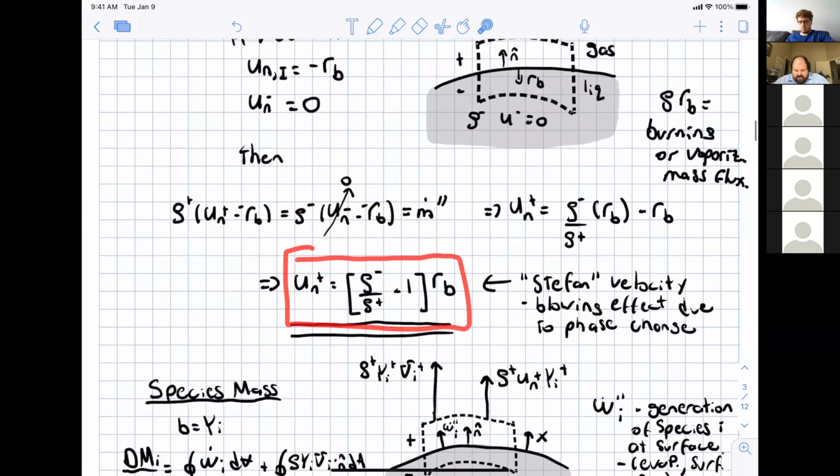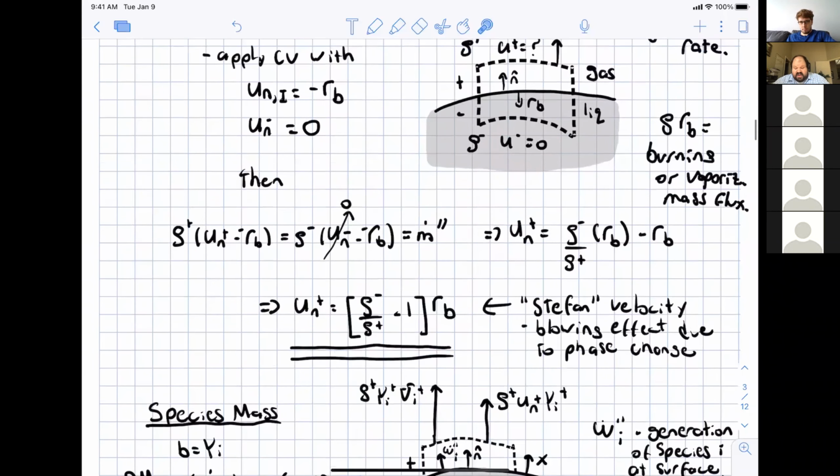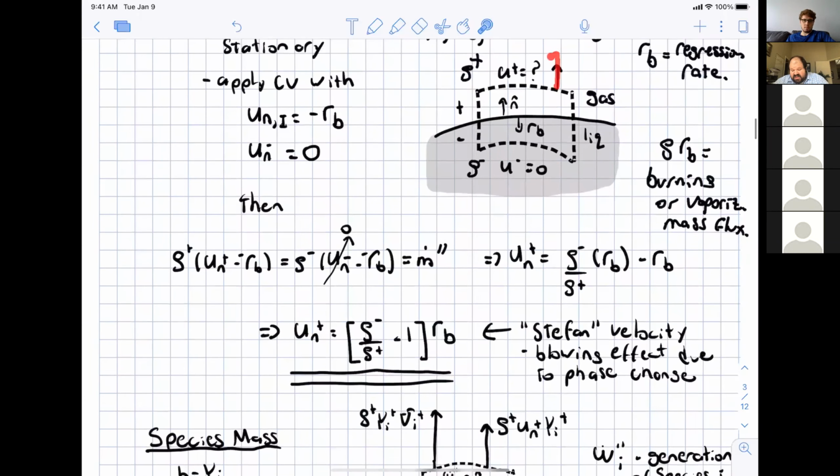And notice that even though the absolute velocity of the liquid is stationary, there is a non-zero velocity of the gas leaving the surface. Okay, which I should correctly say as vapor leaving the surface. This here is commonly referred to as the Stefan velocity, and it is a blowing effect that is caused by phase change.